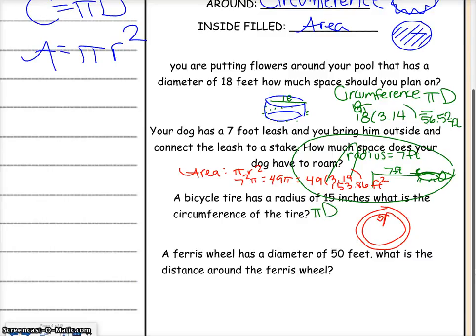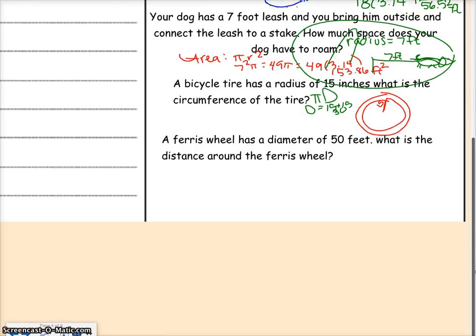But this is not d, this is r. So I need d. My diameter is 15 plus 15, which is 30. So it's going to be 30 pi, which equals 30 times 3.14, which equals 94.2 inches.